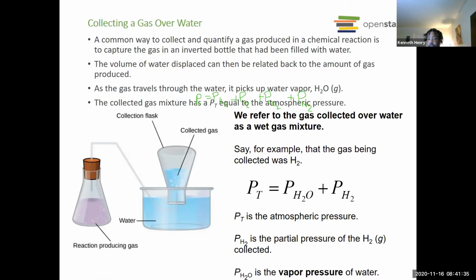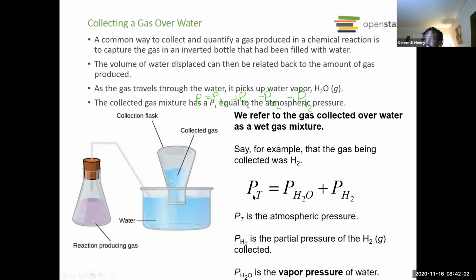So we have a reaction, right? And this is a really cool way of doing this. So our total pressure is going to be equal to the pressure of the water plus, in this case, we have a reaction that's producing hydrogen gas. And so we're collecting all of the hydrogen gas in our flask.